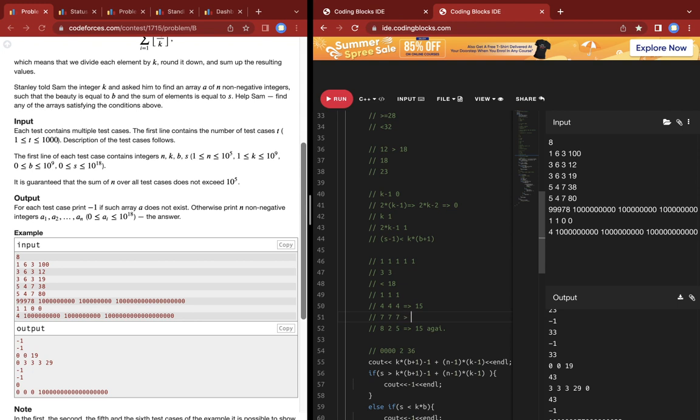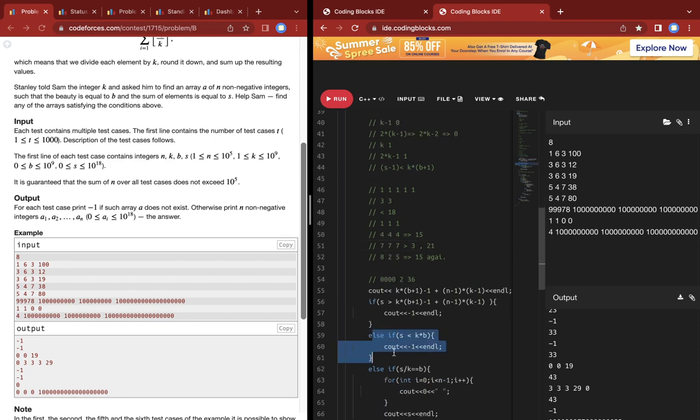And this will produce a 3 as the beauty, and the sum would be 7 times 3, that is 21. So 18 was a much better deal. So I think this is correct then.